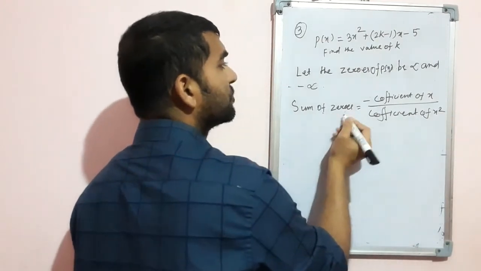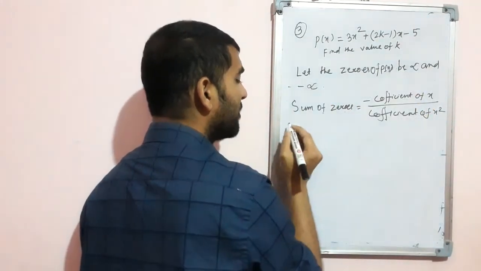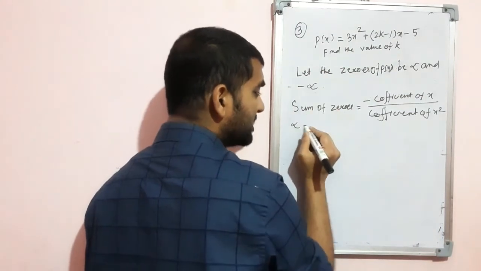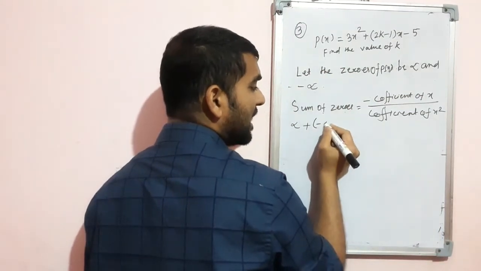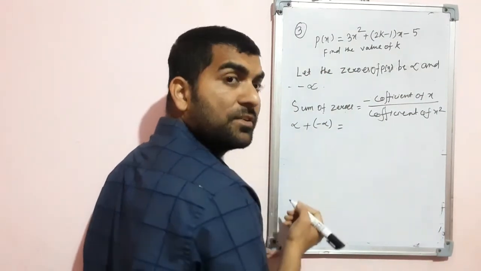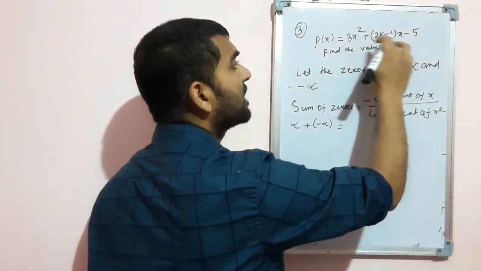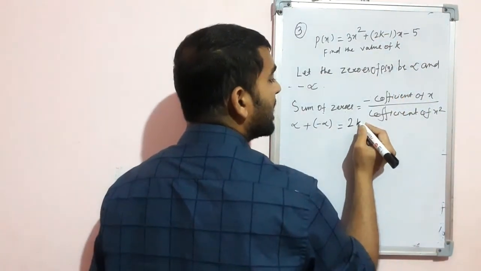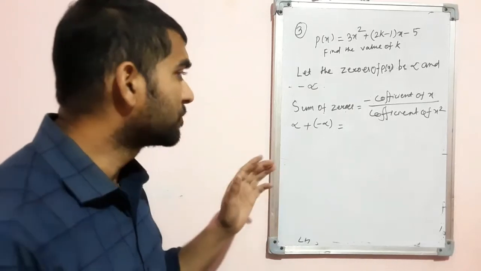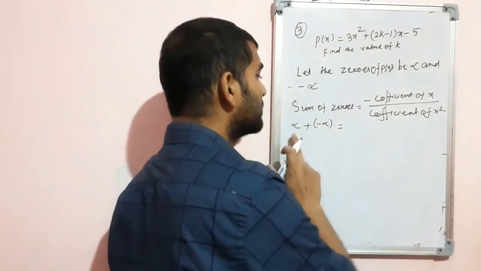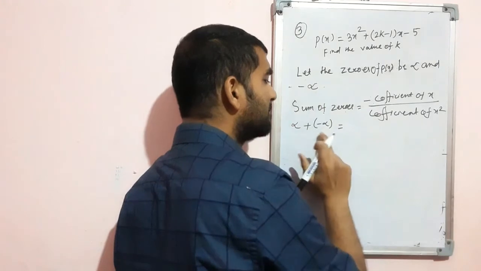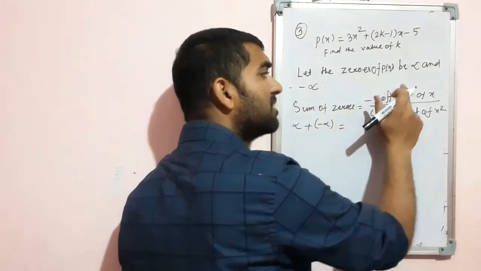Now sum of zeros: what are our zeros? Alpha and minus alpha. Find the sum, sum means plus: alpha plus minus alpha. Then minus coefficient of x, the minus is from the formula.